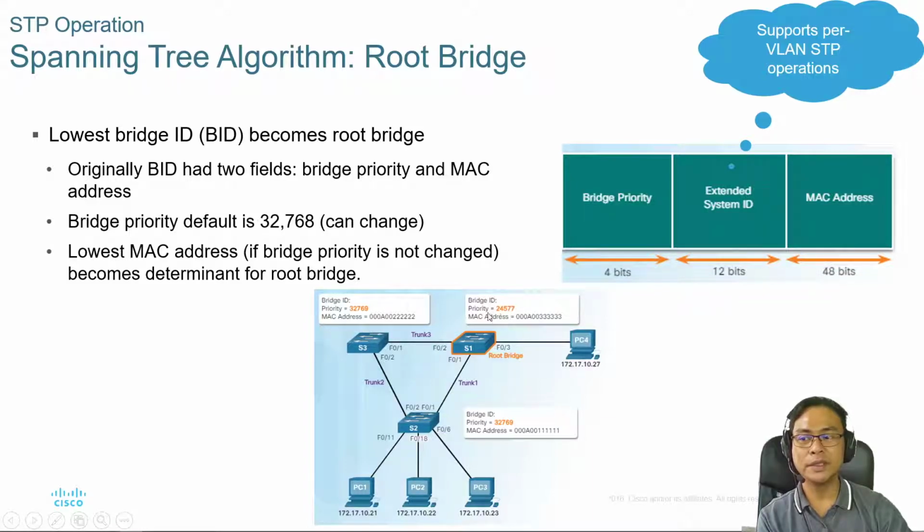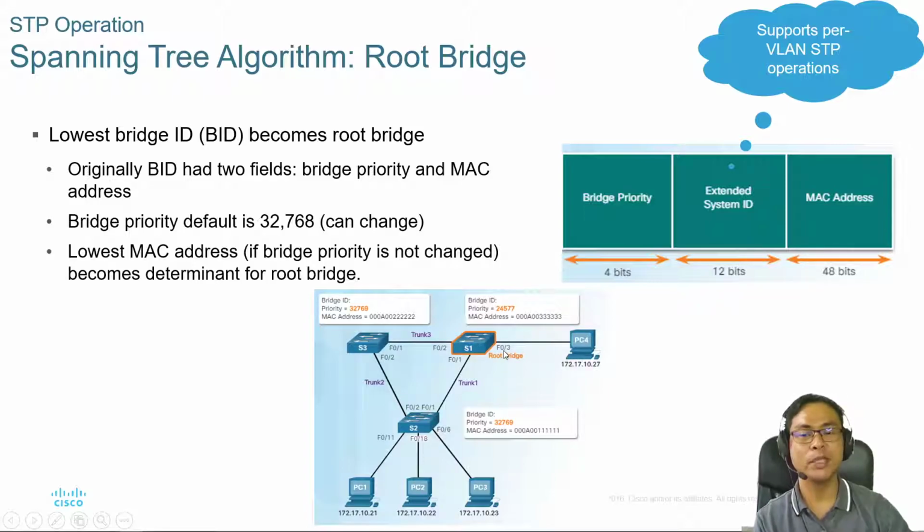Then it will see that the priority is 24577. So once S3 sends an update to S2, parang ginagamit na niya yung 24577 na priority. Okay, para malaman din ni S2 na yun yung priority na pinag-uusapan natin. And that is the priority value of S1.